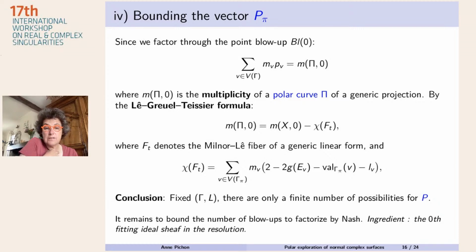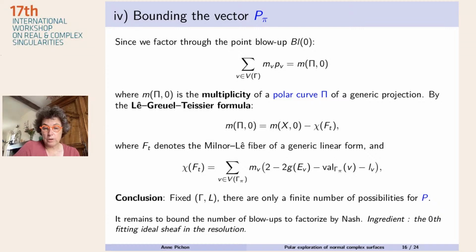And this is completely determined by the pair gamma L determined before. Okay, so if you fix gamma L, there are only a finite number of possibilities for P because you bound the multiplicity m pi 0, and after that you can use the equality m pi 0 equals the sum of MV PV, okay?